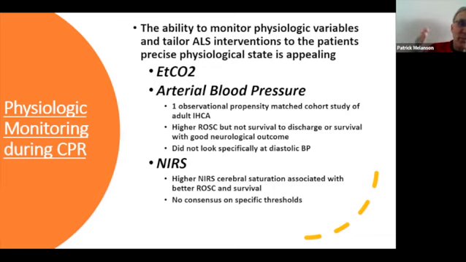The idea is that you'd be resuscitating on an individualized basis until you hit a specific target, whatever your physiologic output endpoint is. Your options at this point in time are end-tidal CO2, arterial blood pressure monitoring, and NIRS if you have that available. We don't have that here for brain saturation or brain perfusion monitoring.